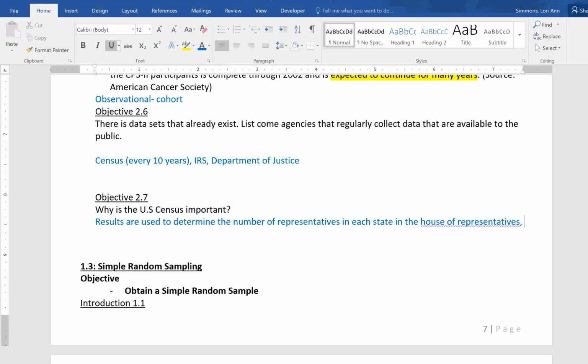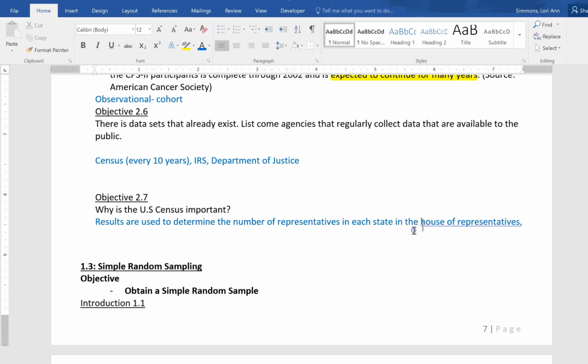So every state gets 2 senators, no matter their population. But for the House of Representatives, this is based on the proportion of the population for each state. So the populations change first for each state and then for the country. So a new proportion has to be determined every 10 years. And then that's how our House of Representatives get reallocated.